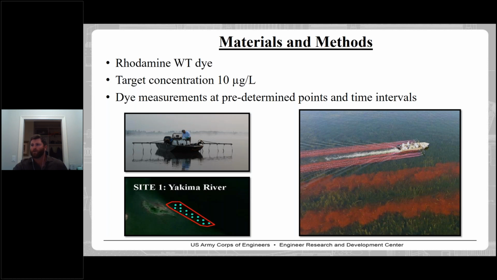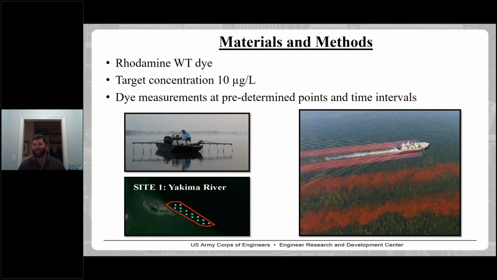So for those of you who are unfamiliar with water exchange evaluations, we use a rhodamine WT dye. It's an inert fluorescent dye that we can put in the water column, most often at 10 parts per billion as the target concentration. We identify a potential treatment plot, outline that plot, put out a series of predetermined points, and go back and sample that dye at specific time intervals.